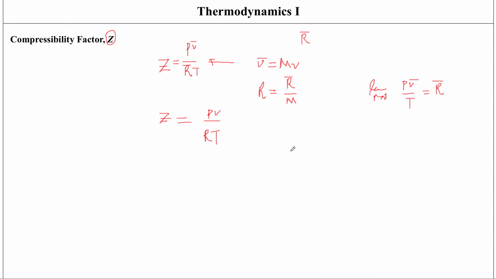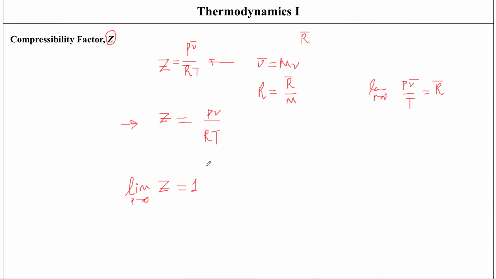If I look at this in terms of the Z over here now, I could write this limit for the compressibility factor, which would be: with pressure approaching 0, the compressibility factor is going to be approaching 1.